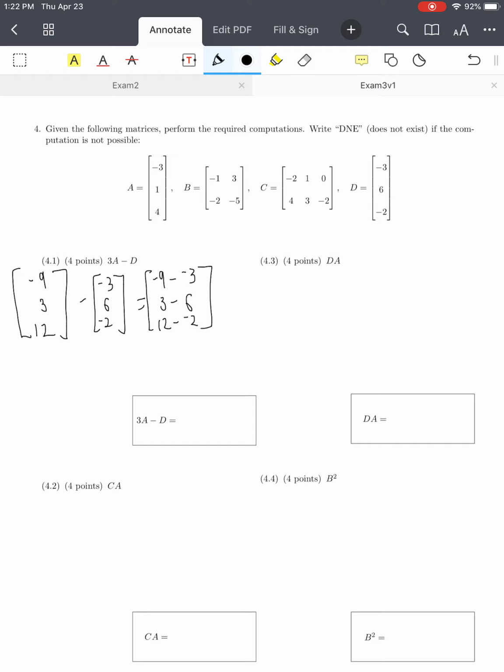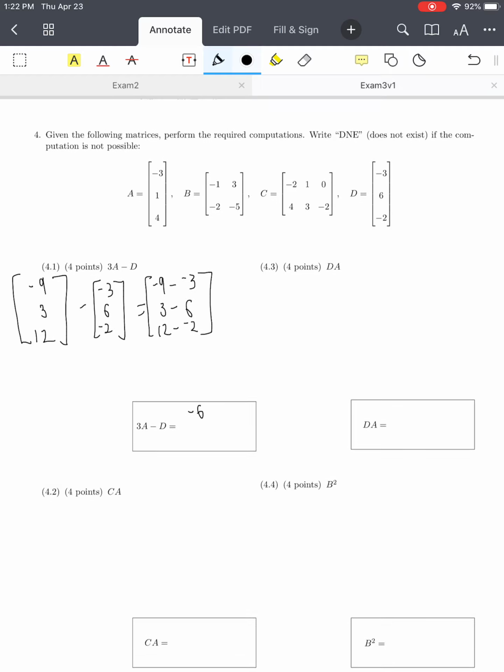Well, we can simplify that. Negative 9 minus negative 3 is plus 3, so that's negative 6. Let's see, 3 minus 6 is negative 3. 12 minus negative 2 is 14.